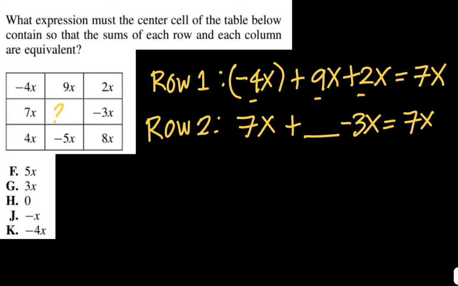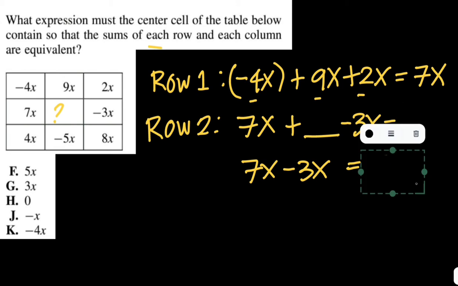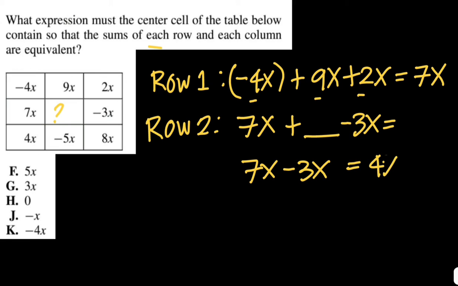Because it says the sum of each row is equivalent. Oh, hold on. Okay, let's not equate this to 7x yet. All right, so we have 7x minus 3x, which is 4x.